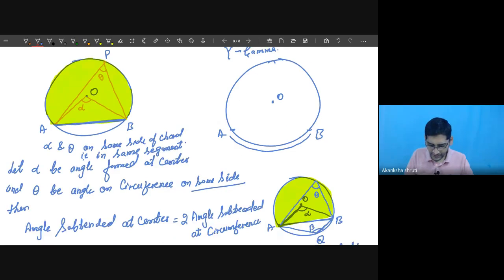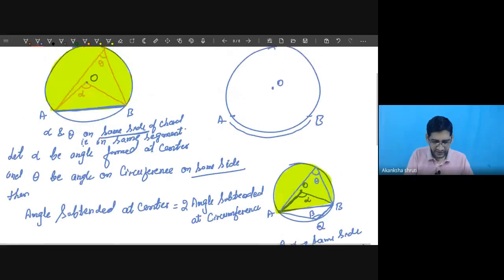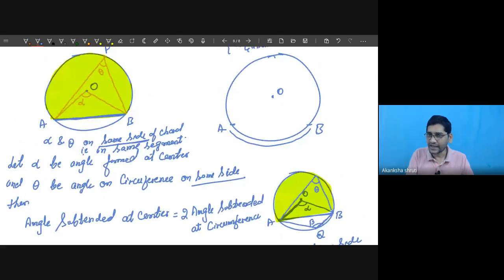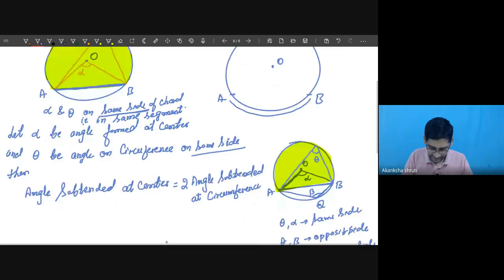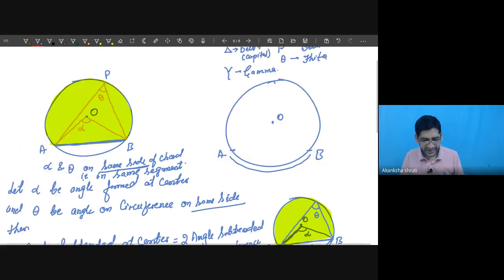And the important thing is that they are on the same side. That is important. Okay? Then only we can write at the center the angle is bigger and it is double. So alpha is equals to twice of theta. That we need to keep in mind. Okay, student? So this is the relation.